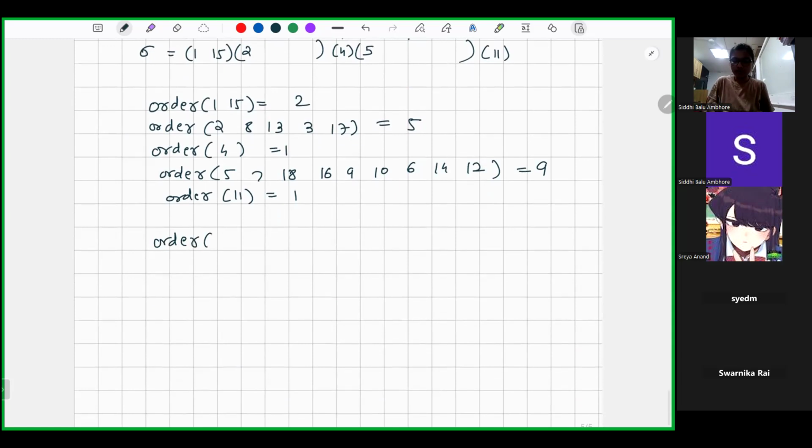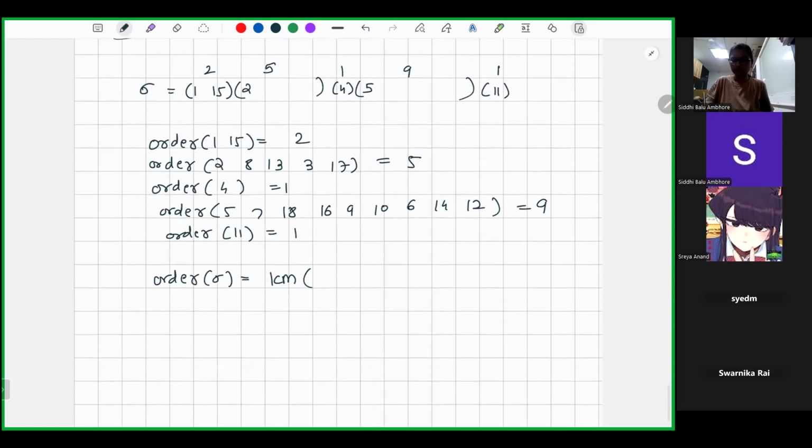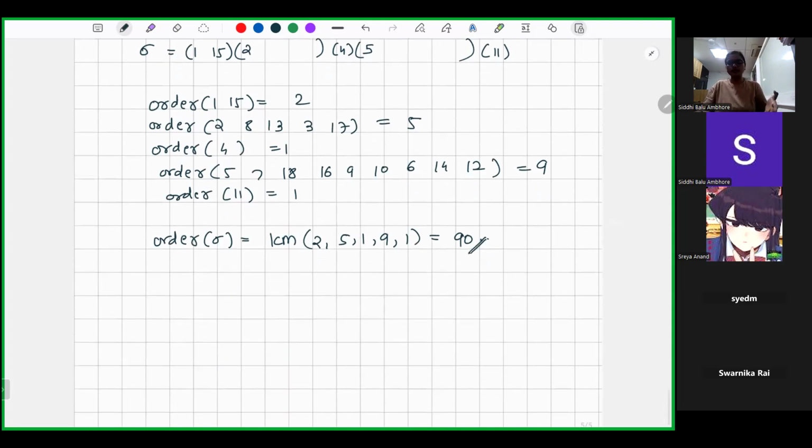So the order of this sigma will be the LCM of all these numbers: 2, 5, 9, and 1, and 1 again. It does not matter, but let me write it. And it will be 90, right? The LCM of these is 90. So the order of this sigma is 90.